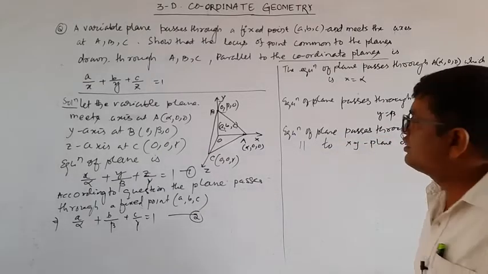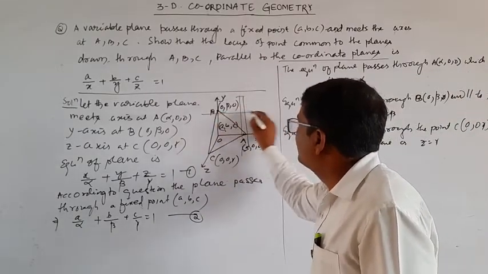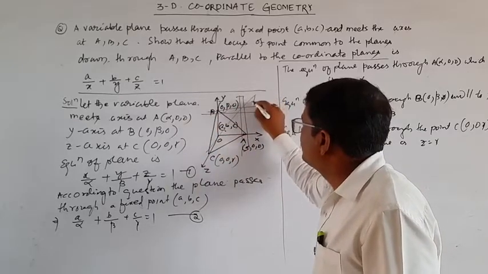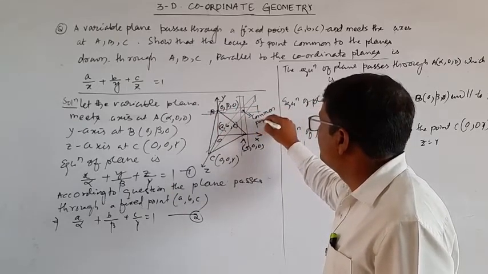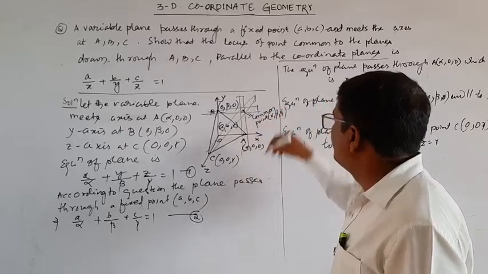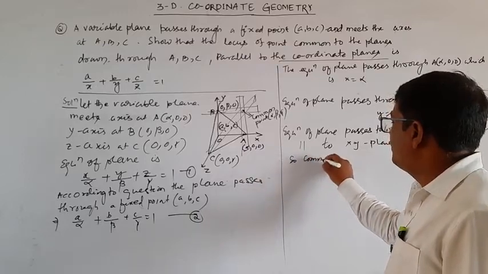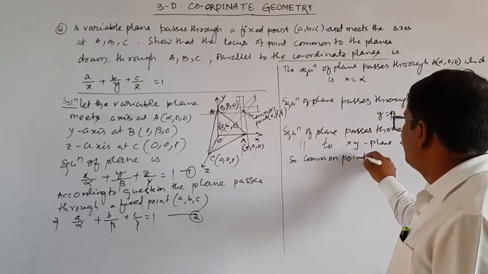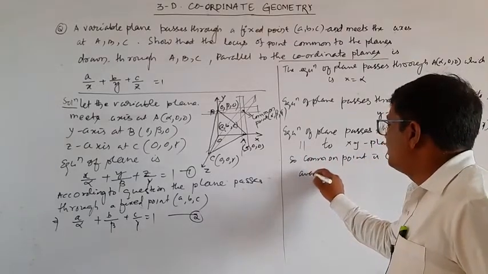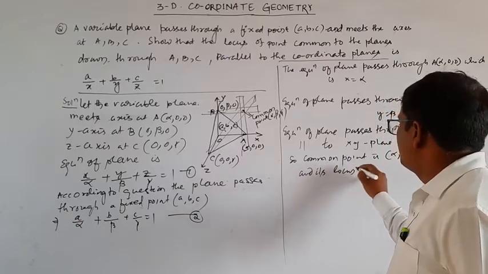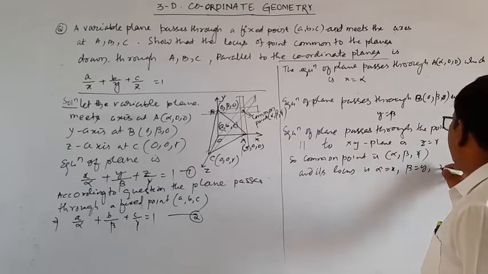Now the common point: this plane passes like this, this plane passes like this, and this plane passes like this. This is the common point, (alpha, beta, gamma), and its locus is alpha = x, beta = y and gamma = z.